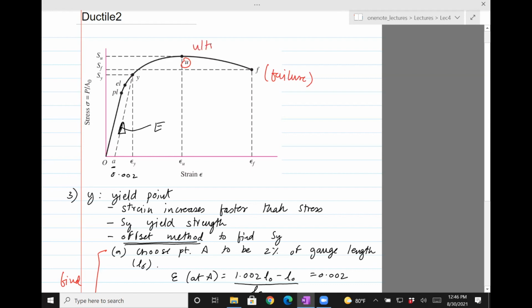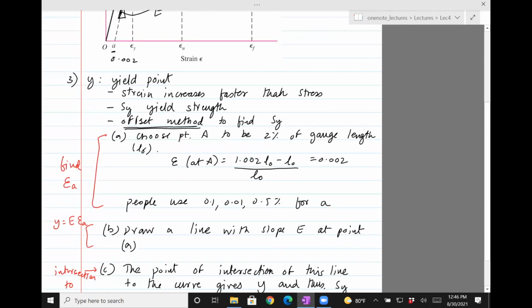This is the ultimate or max strength. In other words, it cannot take a stress more than the maximum strength, which is that point U. So let me put this in the notes.